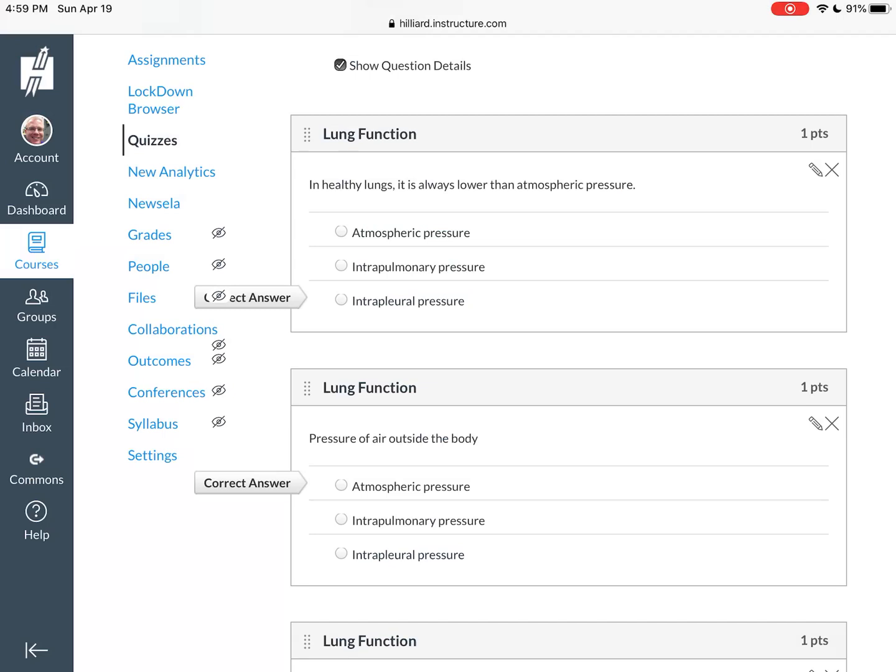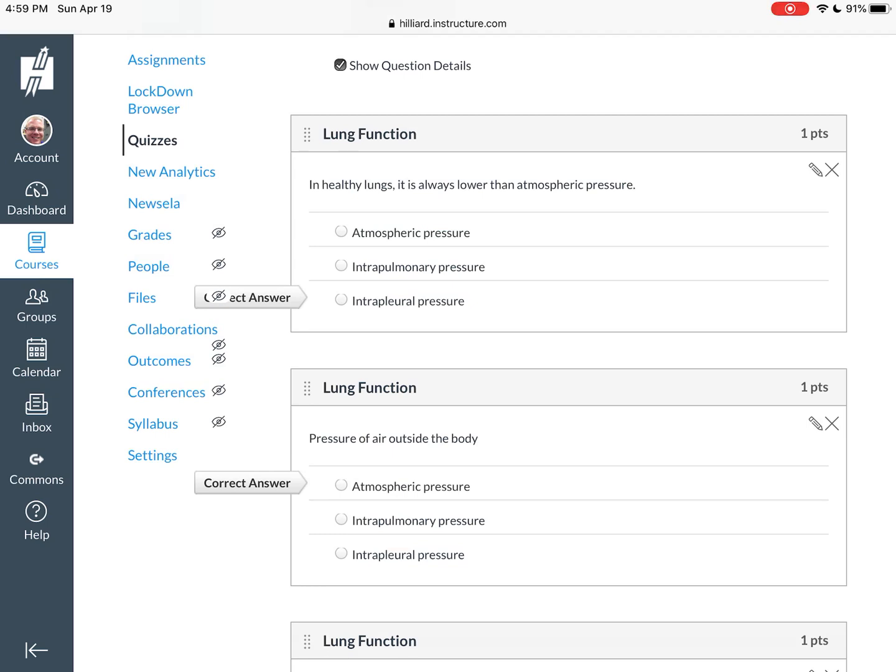And the intrapleural pressure is going to remain constant. And if you remember from the video that we saw in the notes from last week, when that individual had the puncture wound from the bullet going through the chest, the intrapleural pressure was compromised, which forced the lungs to collapse.